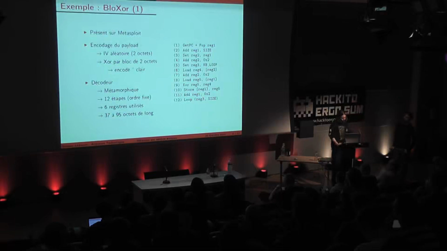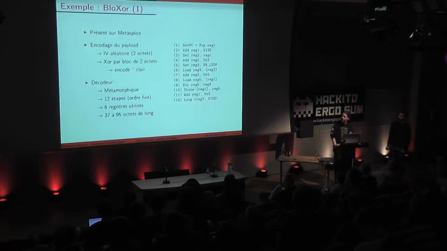So, for example, with the Bloxer encoder you can find on Metasploit: to encode a shellcode, firstly it generates an IV of two bytes, and then it encodes the first two bytes of the shellcode, XORing them with the IV.